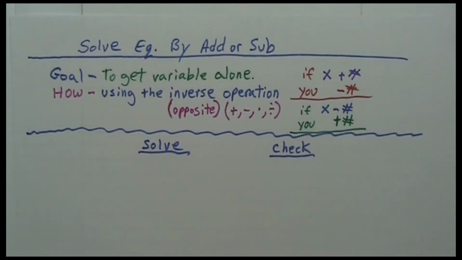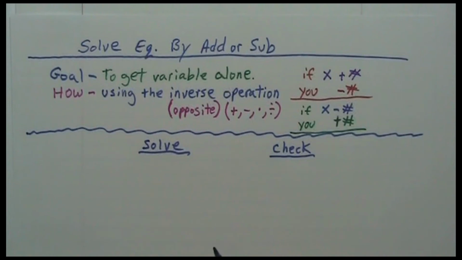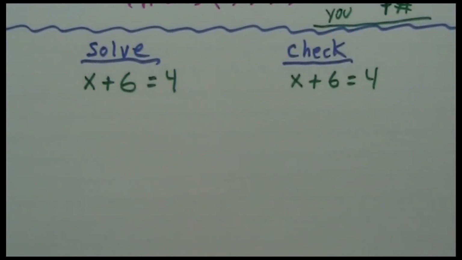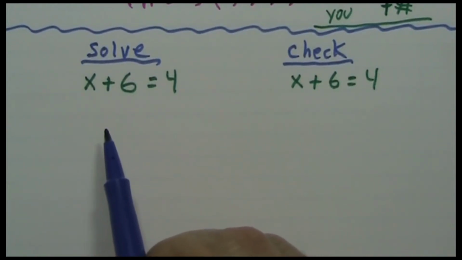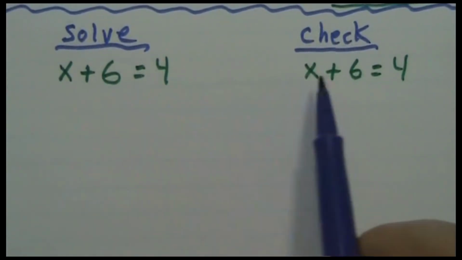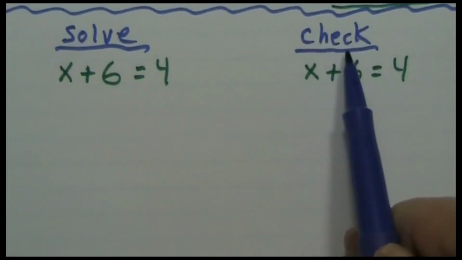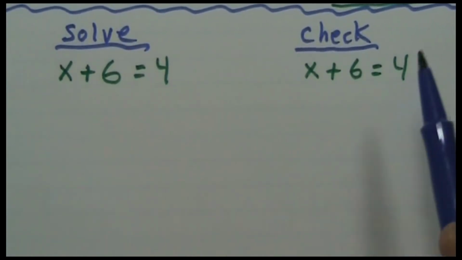We're going to solve a problem, and then check the problem. All right, so I wrote the equation, and it is x plus 6 equals 4. I rewrote it again, x plus 6 equals 4, because I'm going to check our answer over here.